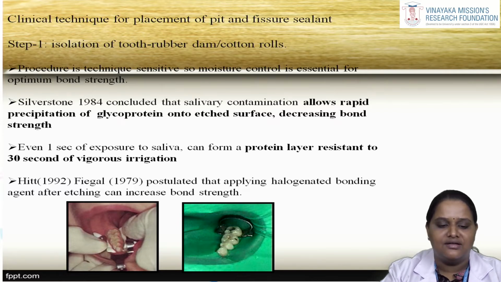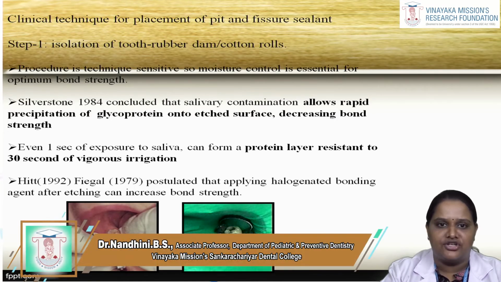Silverstone in the year 1984 concluded that salivary contamination allows rapid precipitation of glycoprotein into the etched surface, decreasing the bond strength. Even 1 second of exposure to saliva can form a protein layer resistant to 30 seconds of vigorous irrigation.